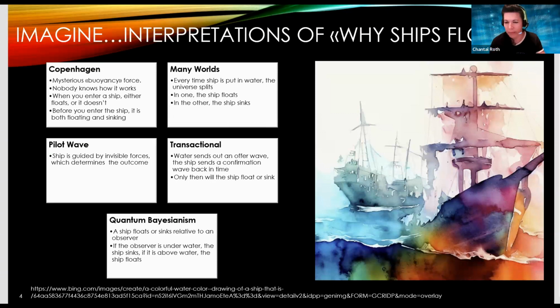So the many worlds would say, every time you put a ship in the water, the universe splits: in one, it floats, in the other it sinks. Or maybe the Copenhagen, where there's this mysterious force, and only when you enter the ship is it decided if it will float or sink, and before it's both floating and sinking.